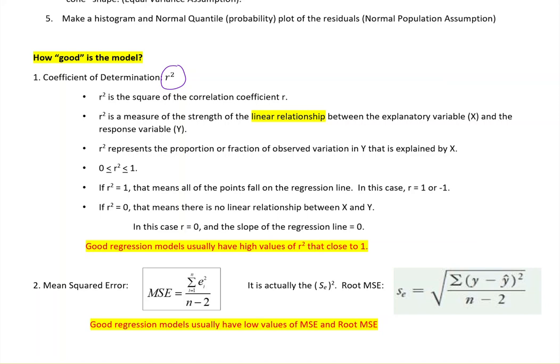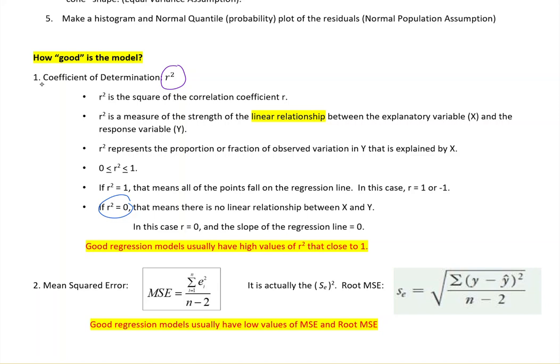That means this regression line is good, this regression is accurate. The other way, if R square is closer to 0, that means there's no linear relationship between x and y. So that means our regression is not good at all. So this is the first thing we want to determine about the model: the R square.